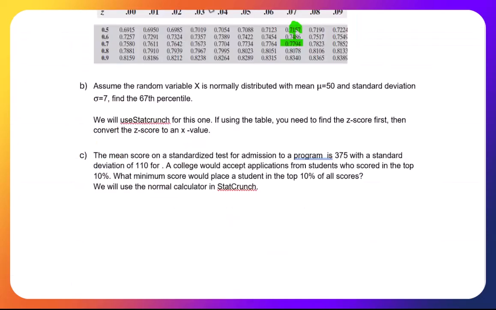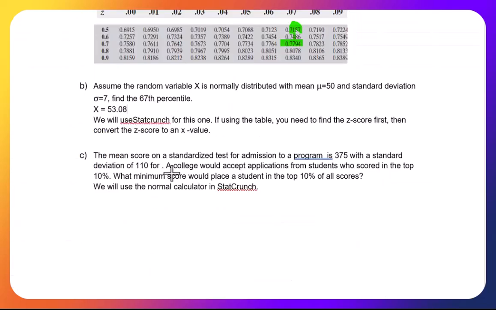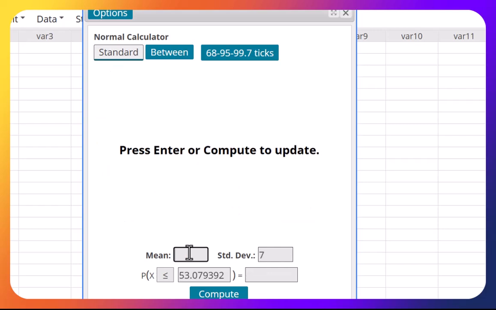So I'll type in x is 53.08. If you are to use the table here, you can use the table to find the z-score in the 67th percentile, and after you find the z-score, you will have to convert it to an x value. Let me show you how. We go back to 0 and 1 because we're finding a z-score.